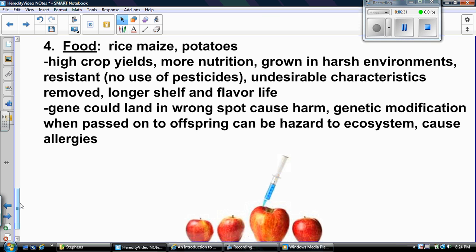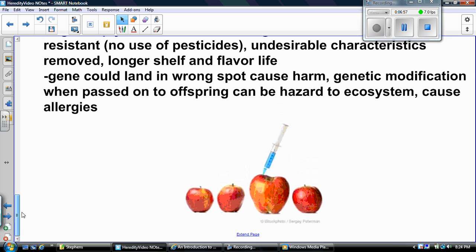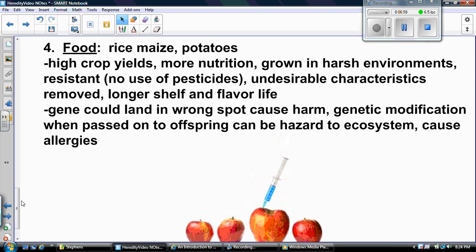And if you change one living thing in that ecosystem, and you maybe make it so that it's able to grow in harsh environments, well, you're adding a food source into an ecosystem that normally wasn't there. That might mess some things up. This could also cause allergies. It's been known whenever we genetically modify food, sometimes that can create allergies. So those are just a couple ways that genetically altering food can be a problem.